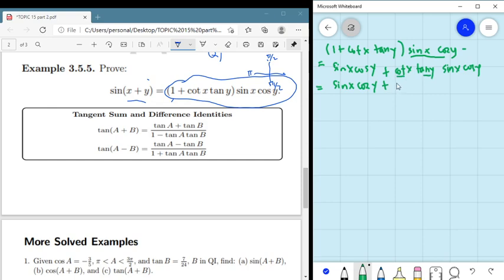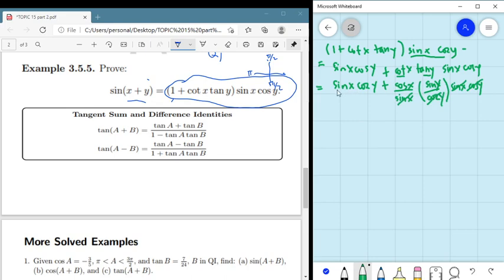So cotangent x is cosine x over sine x. And then tangent y is sine y over cosine y times sine x cosine y. So in this case, since multiplication man, we can cancel the sine x and sine x, then cosine y and cosine y.